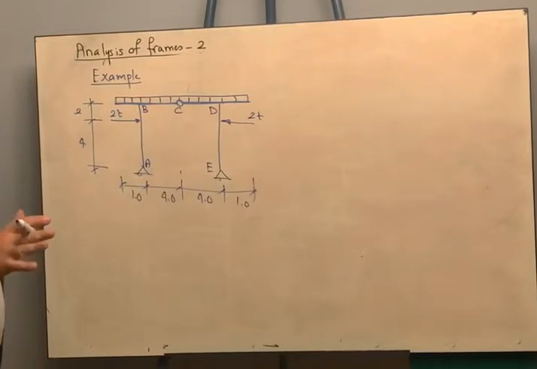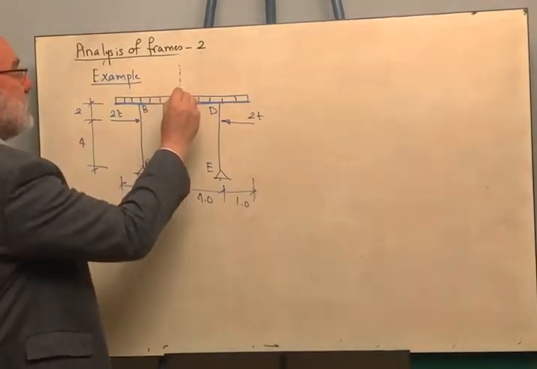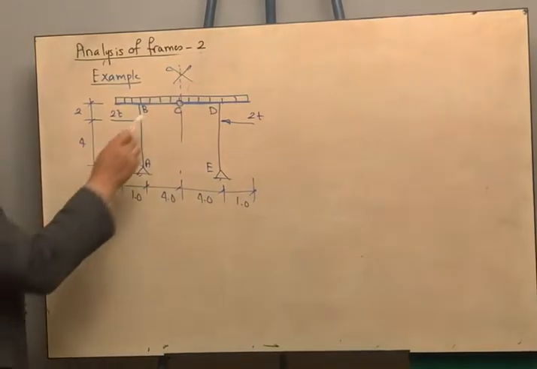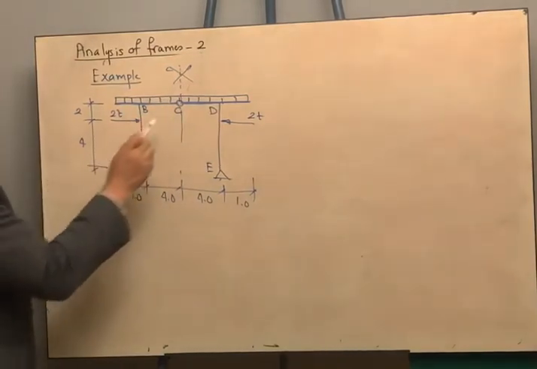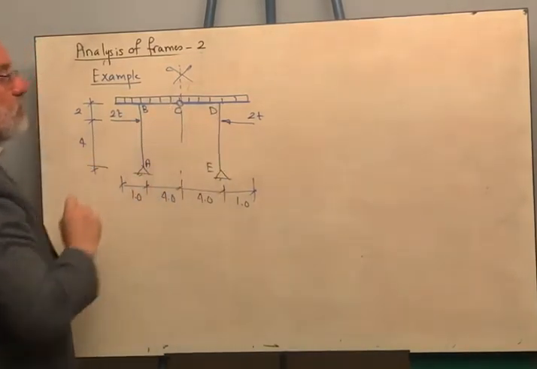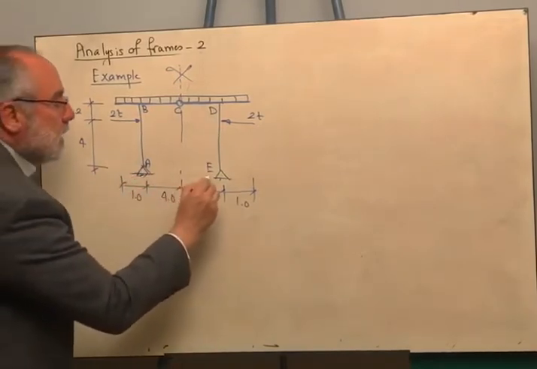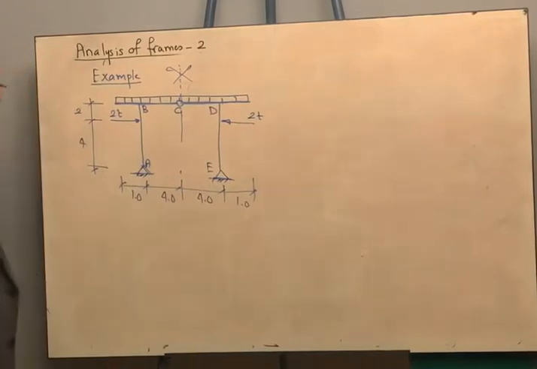You can work traditionally, but you can discover that the structure itself is symmetric, because the geometry on the left hand side is the same as the geometry on the right hand side. The type of support that we have is identical to the type of support that we have here.